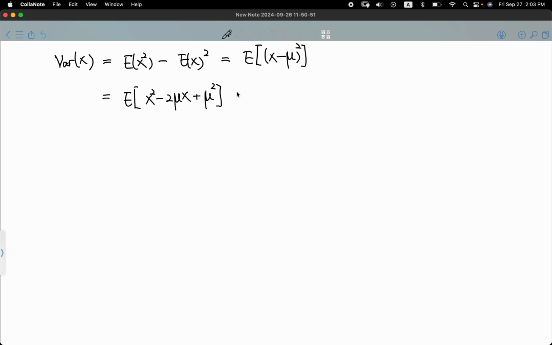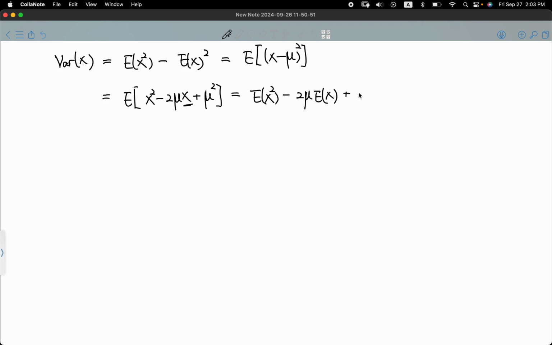The expected value is a linear operation, so we can distribute the expectation to each of the terms. We end up with E of x squared minus, for the second term, x is the random variable here. The mu is already considered a constant, the mean or expected value. So you will have 2 mu as a constant coefficient, and the expected value only affects the random variable x.